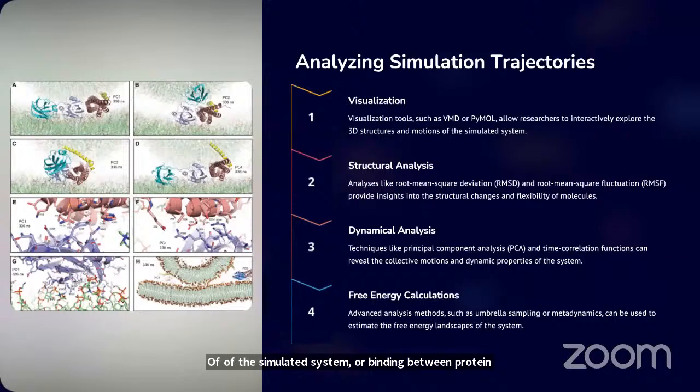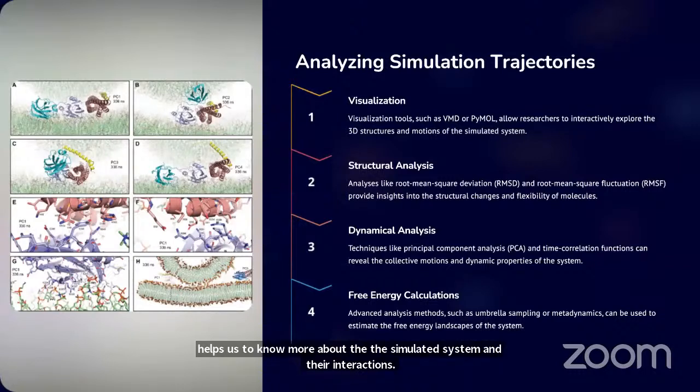And we can do multiple analyses on that trajectory obtained from the MD simulation run. These analyses basically help us to know more about the simulated system and their interactions.